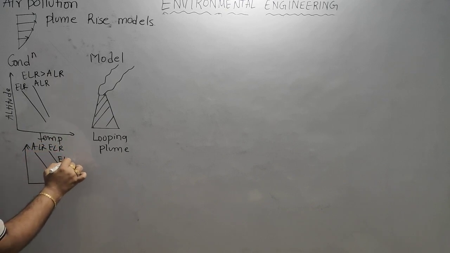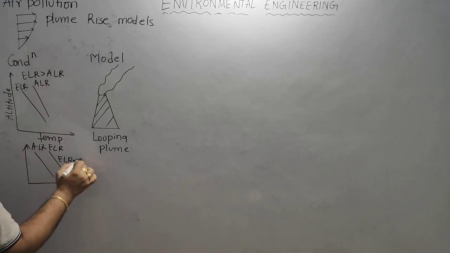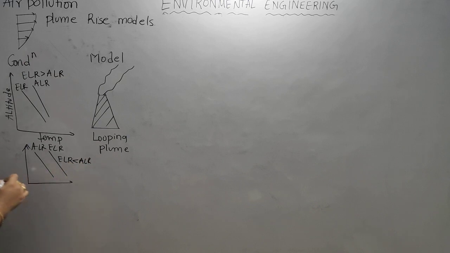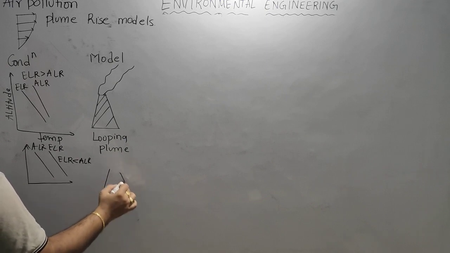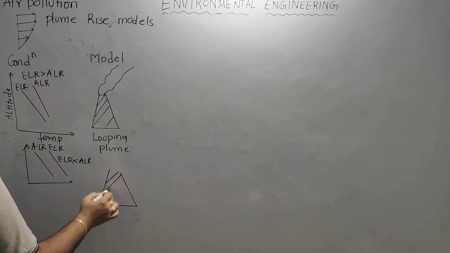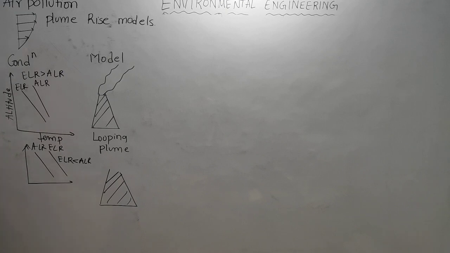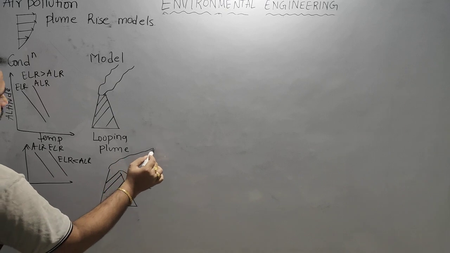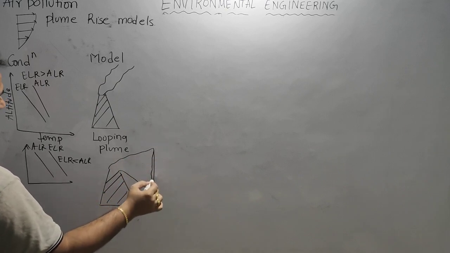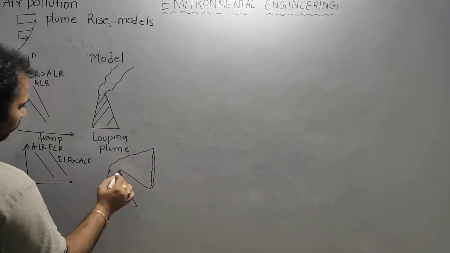When ELR is less than ALR, the plume rise model will be a coning plume. It looks like a cone, so that is called a coning plume.